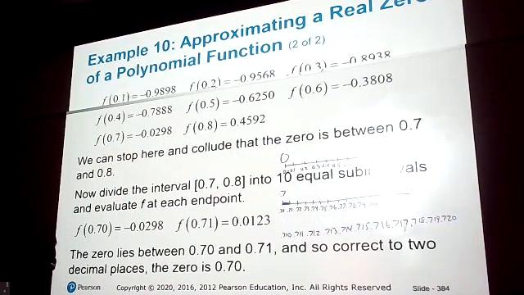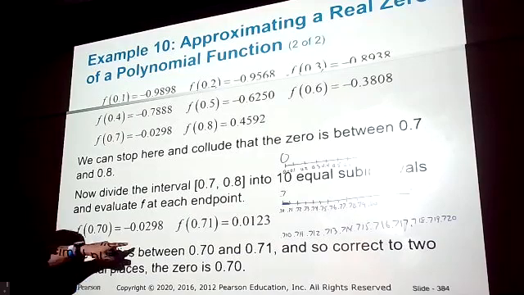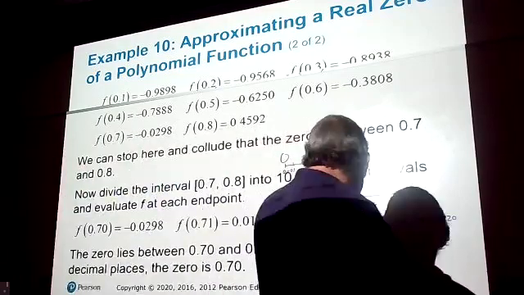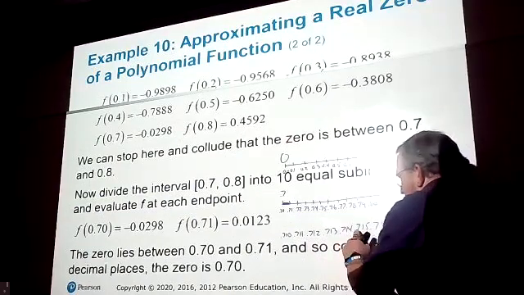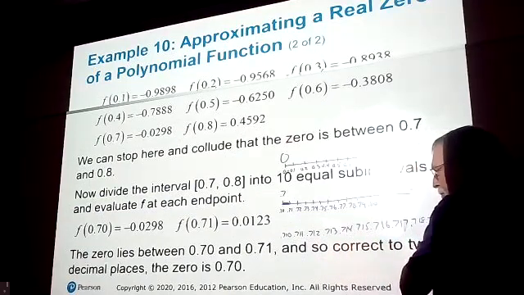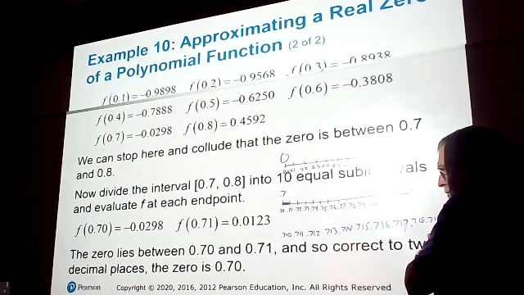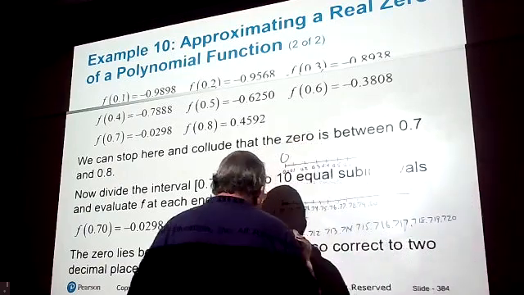But to choose the zero, I would check to see if my sign change is below 0.715 or above. Oh no, that's a zero here, right?